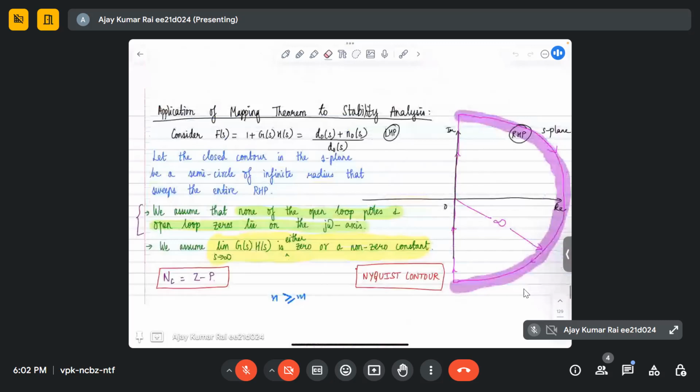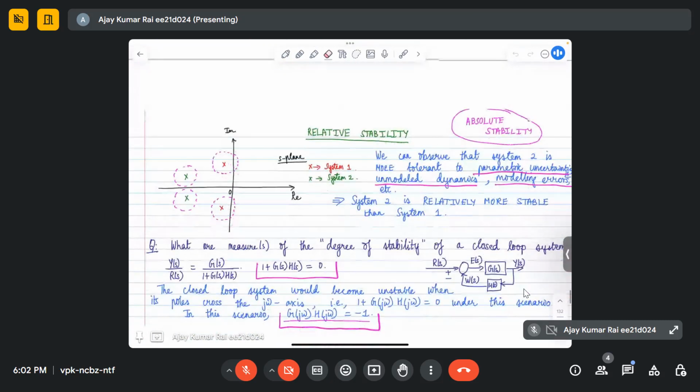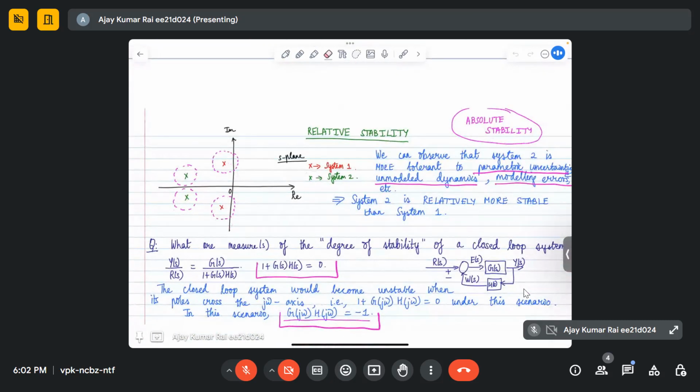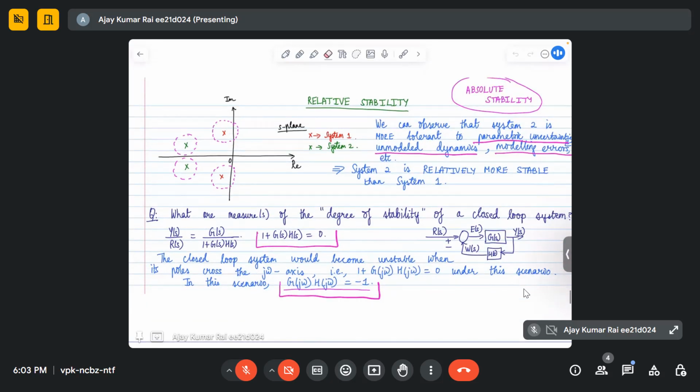So we have seen the absolute stability and relative stability. It's very important because in this tutorial session we are going to see the compensator design. So what does a compensator actually do? It is compensating for something.